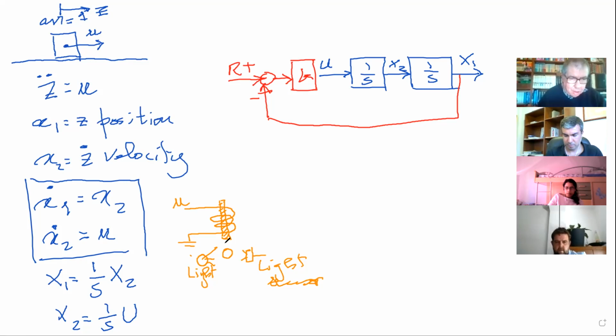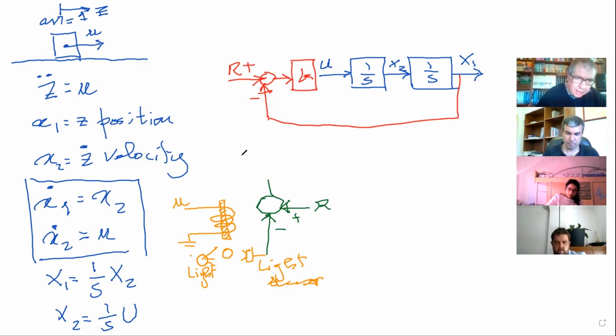Now, what am I doing? I measure my position from the light sensor. I have a desired position, R. So this is my plus minus. I have a differential gain that I can do easily with electronics.